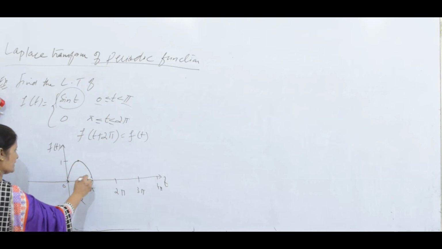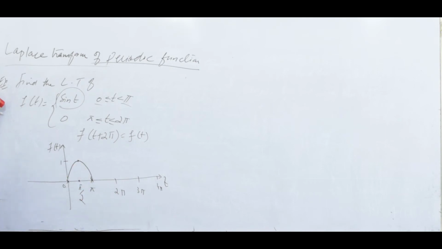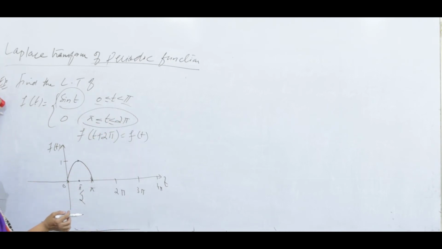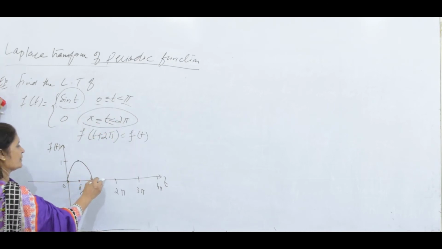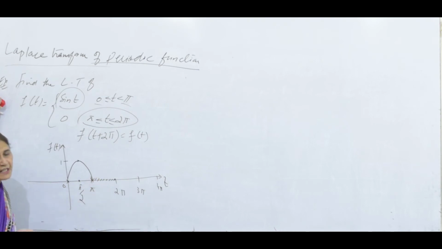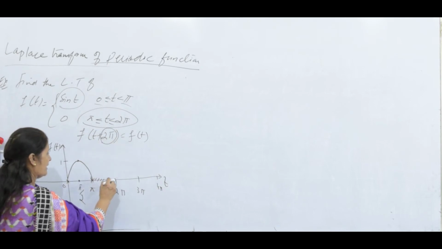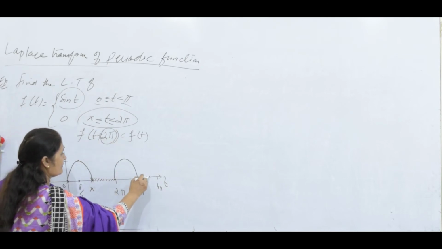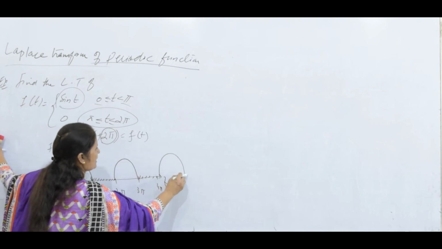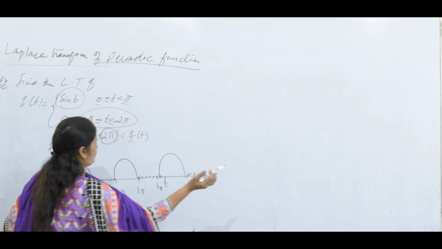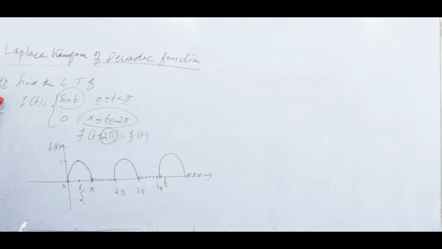So our graph is like this. The other half, when t lies between pi and 2 pi, the value of the function is 0. It means the negative half clips off, that vanishes. And since it is periodic, 2 pi is the period. Again it is a sine wave and then 0. Again a sine wave, then 0, and it keeps moving like this. So this is half wave rectification.